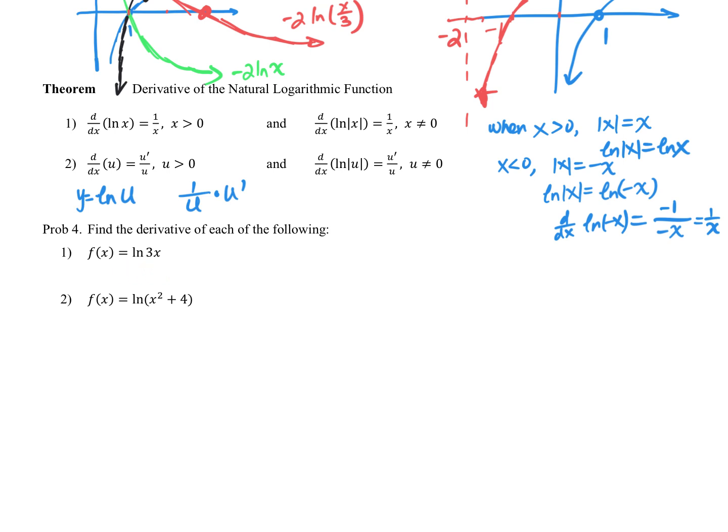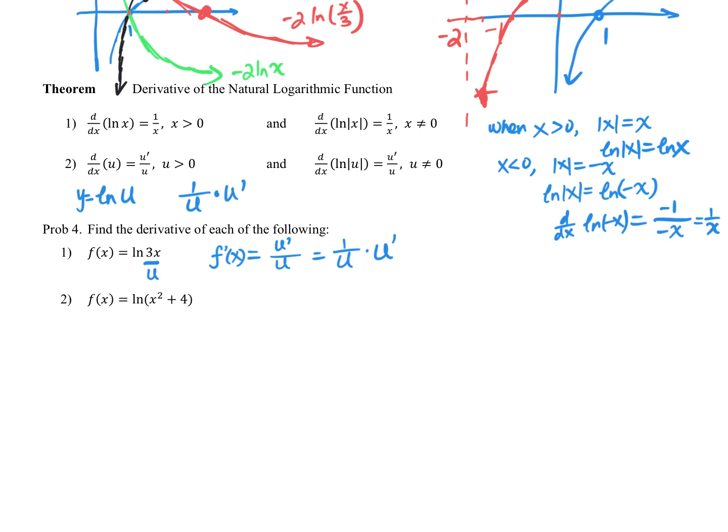Again, please pause the video and give it a try yourself first, and then let's compare the answer. So here, the u is 3x. So f prime of x will be u prime over u, or some people probably use the chain rule without even considering this as a formula, which will involve 1 over the u times the derivative of the inner function, right?